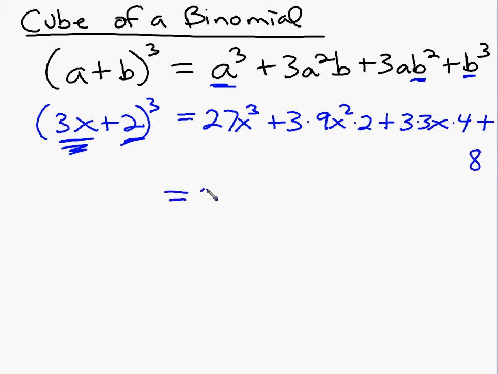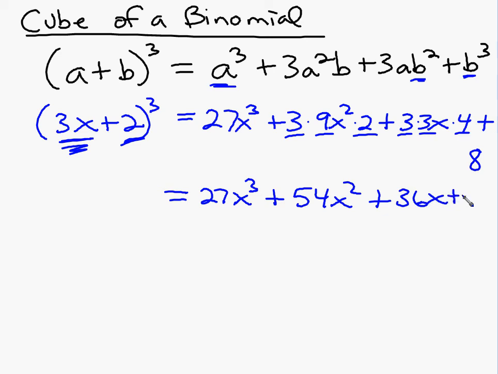And then just simplify it a little bit. 27x cubed plus 3 times 9 is 27, times 2 is 54x squared, plus 3 times 3 is 9, times 4 is 36x, plus 8. And that is the formula for the cube of a binomial. And we will stop there for today.